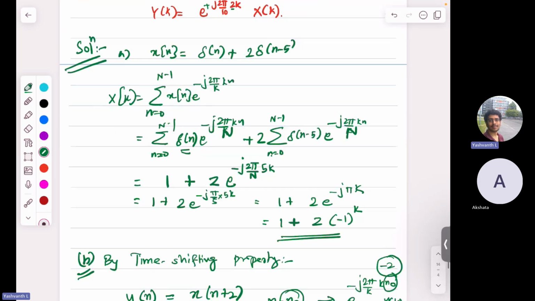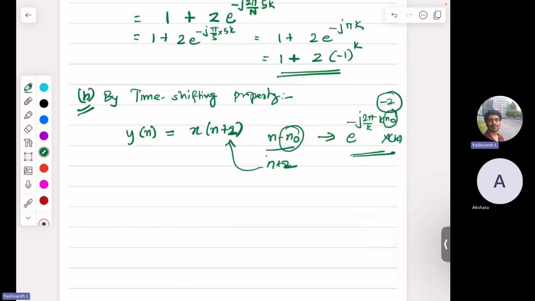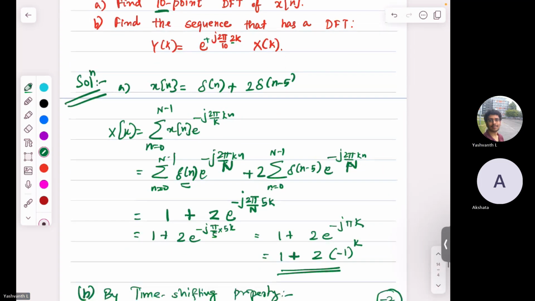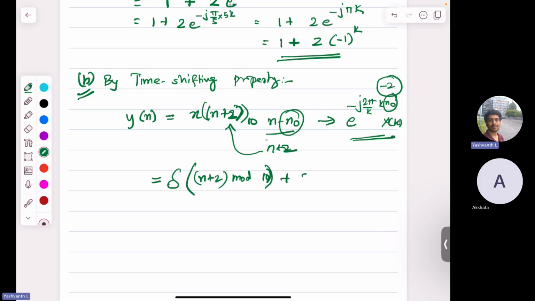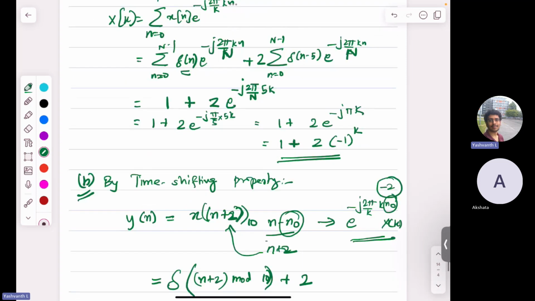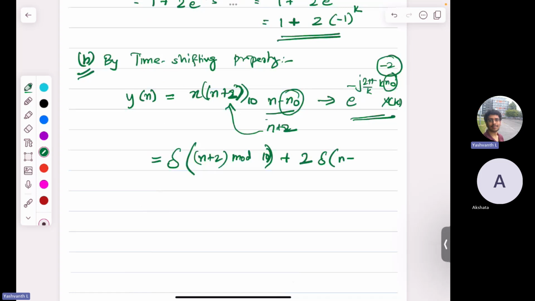Let's do one thing. N plus 2, but of course, you need to take modulo 10. So this is delta of n plus 2 mod 10 plus 2 into delta of n minus 5 plus 2 mod 10.